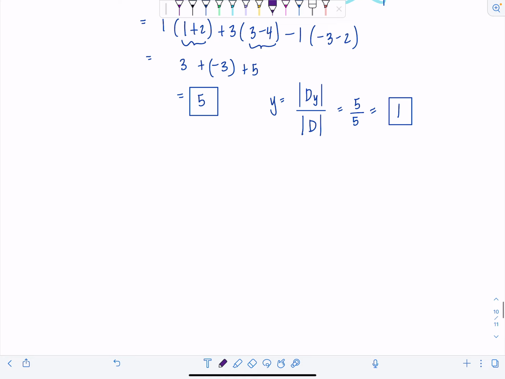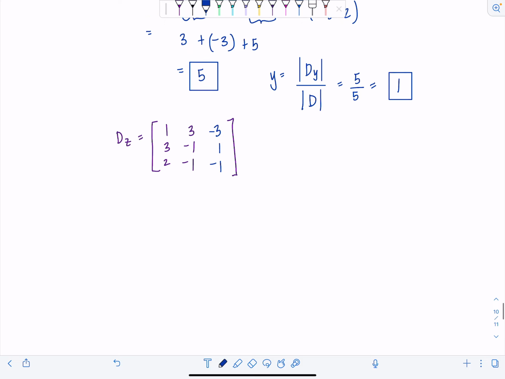Why not? So d sub z, again, I'm going to go back to the coefficient matrix, 1, 3, 2, 3, negative 1, negative 1, and then I'm going to replace the third column with negative 3, 1, negative 1, right? Remember, that's what it was. I'm not going to keep scrolling up and down. You can reference your notes from earlier.